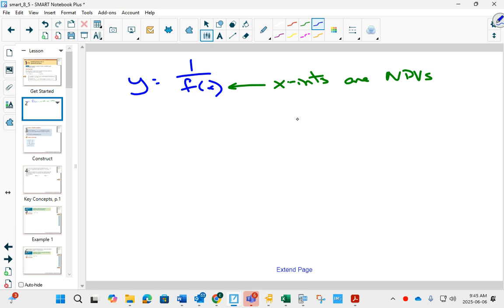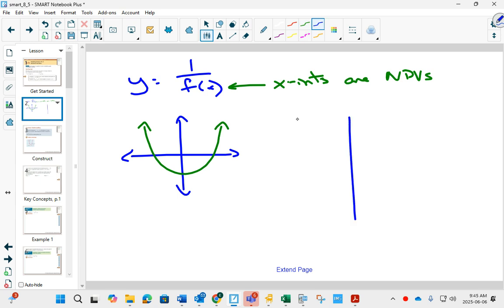So, in the getting started part, you saw that sometimes you could have a parabola with 2 x-intercepts. And that could either be a parabola opening up like that, or, can you see that you could also have a parabola opening down with 2 x-intercepts? What would it look like if you only had 1 x-intercept?